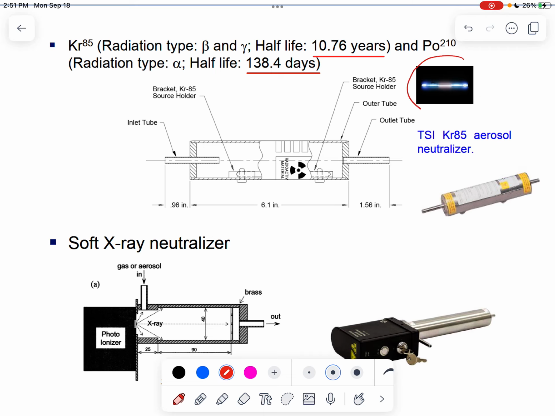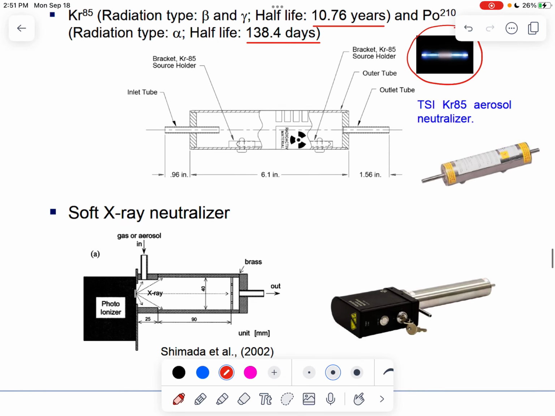So that's why the polonium source needs to be replaced more often compared to the krypton source. Okay, so in general, people will not replace these sources until they're, let's say, twice of the half-life, or basically as long as there is sufficient ion concentration being generated from the neutralizer, we can still use these neutralizers.